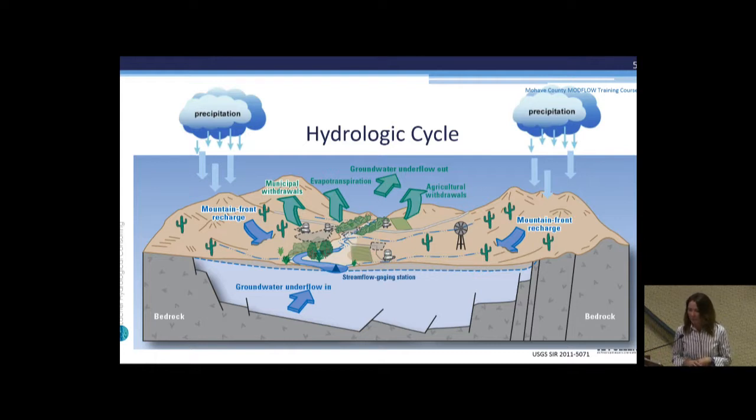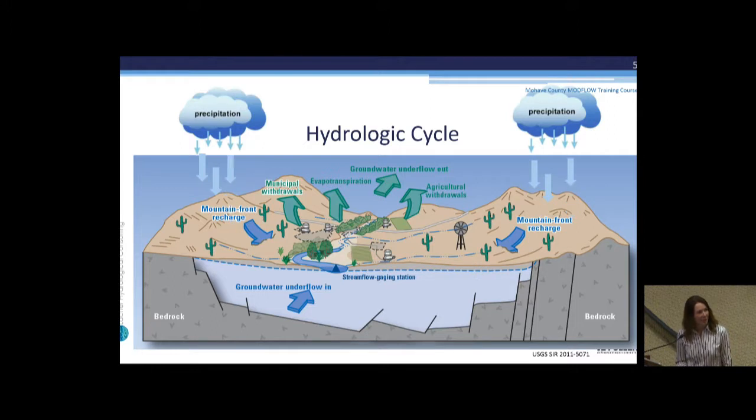And this particular graphic is nice because it doesn't show an ocean. Most of the time when you look for a hydrologic cycle picture, it has a big ocean that's being drained into. And a lot of our water never makes it to the ocean anymore, especially in the Colorado River system. But what's important, what was missing in this graphic was precip, which I thought was kind of interesting, because precip does actually happen even in the desert, and that's the only way we get input into the system.